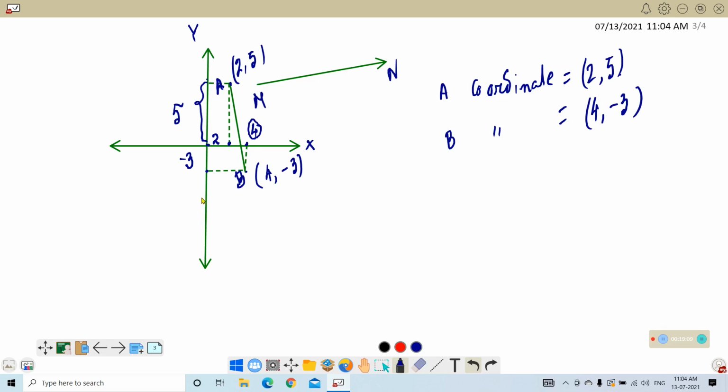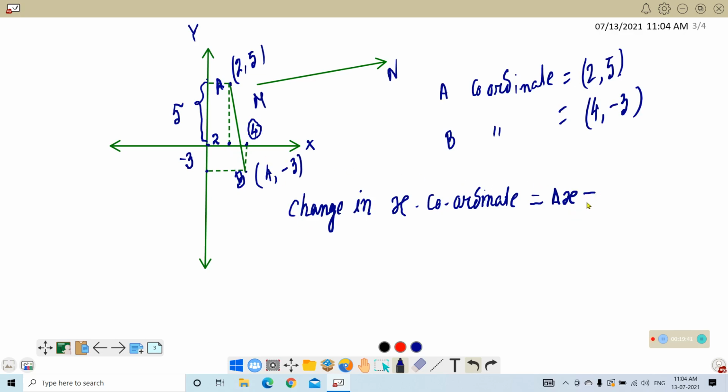Now you can say the change in x coordinate is equal to delta x. The final value is 4, initial value is 2.